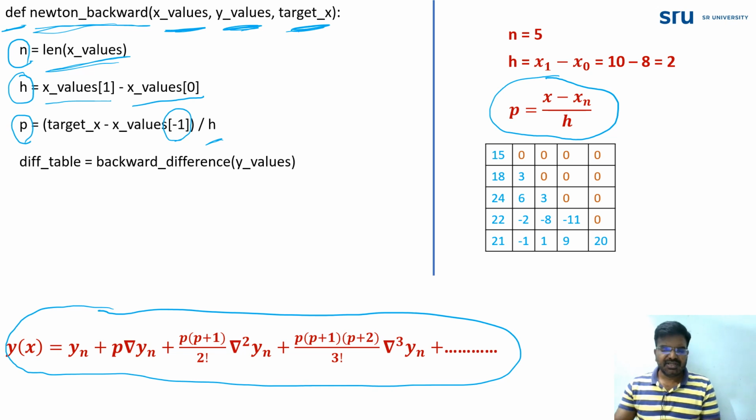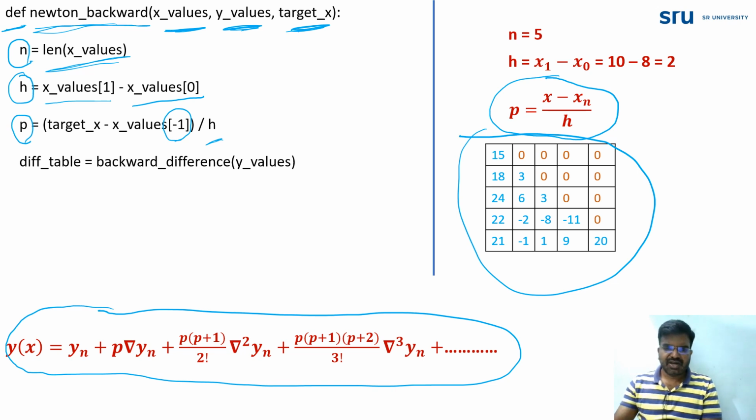Next, in Newton's backward interpolation formula, I need backward differences. Already we have generated a table with backward differences. See, I have written the table here. From this table, I have to consider all the backward differences and finally we substitute in the formula.